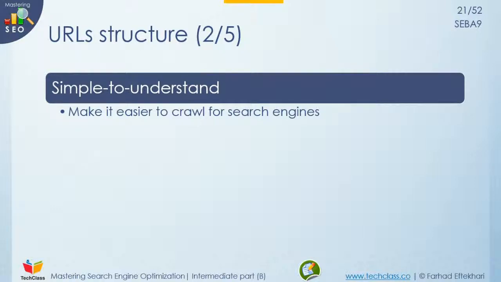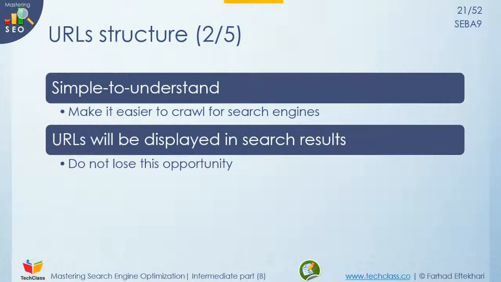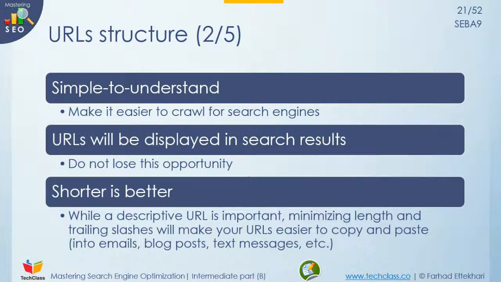It's better for them to be simple to understand, which makes it easier for search engines to crawl. URLs will also be displayed in search results, as you may see in the next example, and as you saw in the previous example as well. So this is also an opportunity for you to select something meaningful, and of course, when it's shorter, it's better.